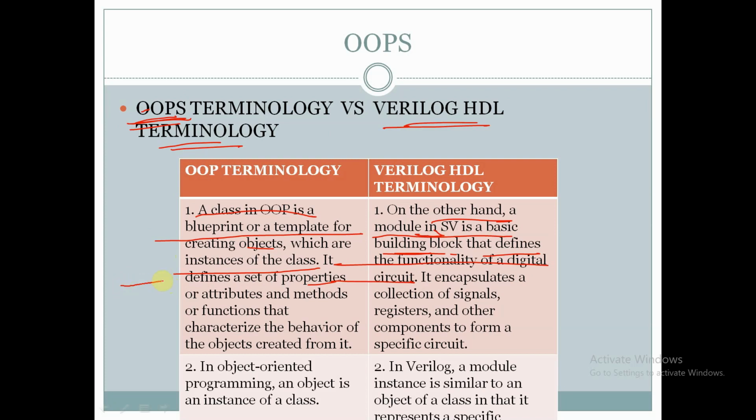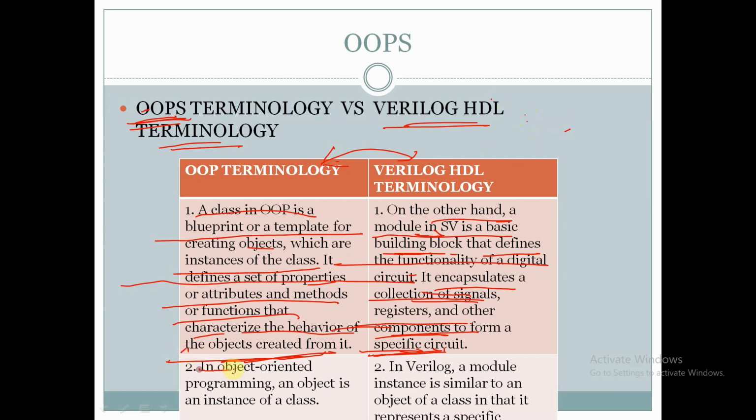A class defines a set of properties or attributes and methods or functions that characterize the behavior of the objects created from it, whereas a module encapsulates the collection of signals, registers, and other components to form a specific circuit. The basic difference between a class and a module is that the class contains methods and properties, whereas the module contains registers, reg data types, and other components to specify the circuit.